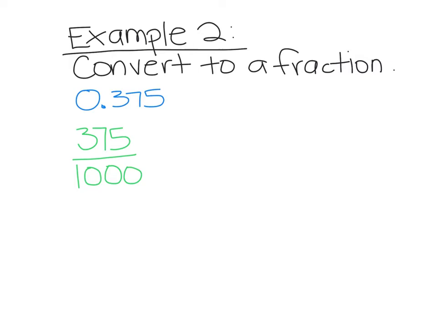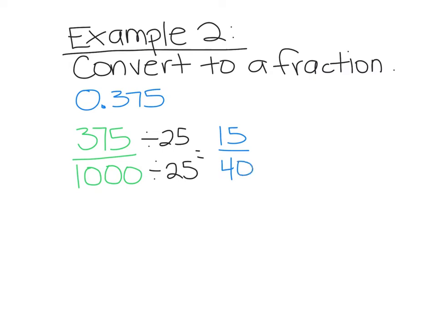I know that I can simplify both my numerator and denominator by 25. So 375 divided by 25 gives me 15, and 1,000 divided by 25 gives me 40.